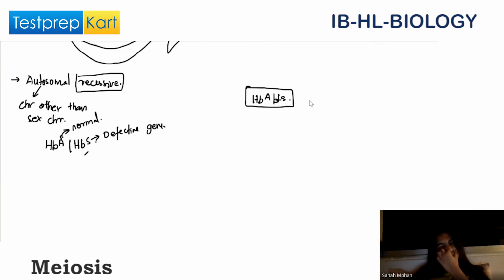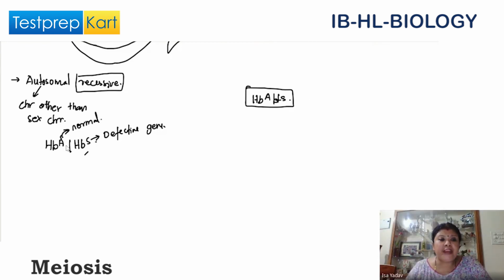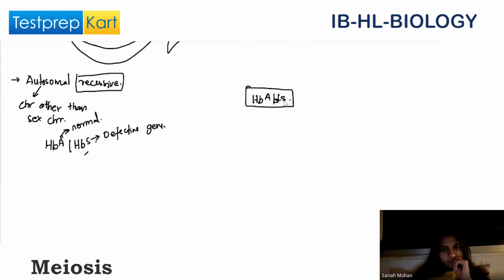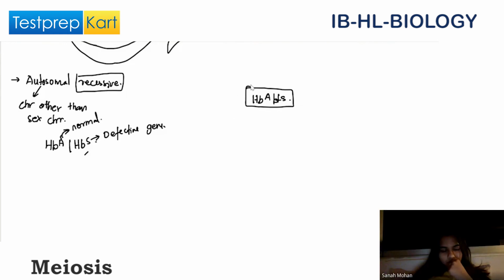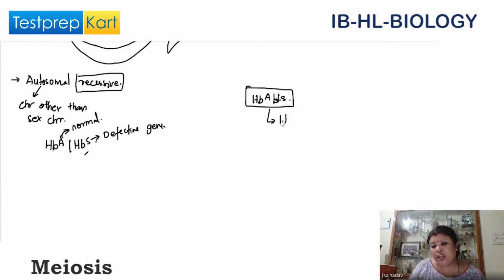See here, HBA is normal, HBS is the defective gene. These are heterozygous alleles.